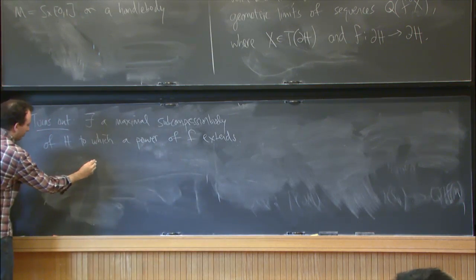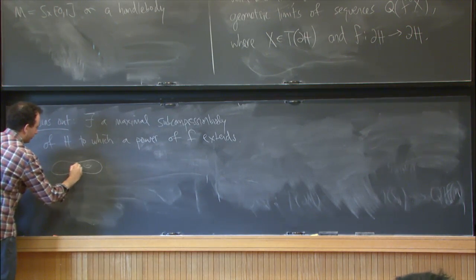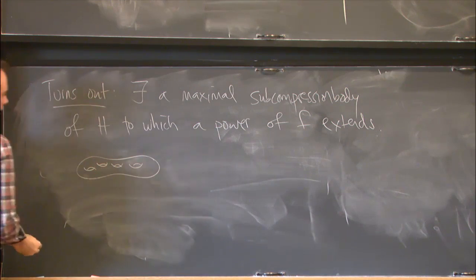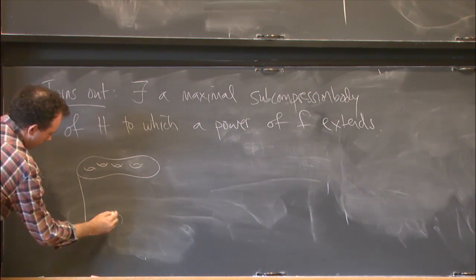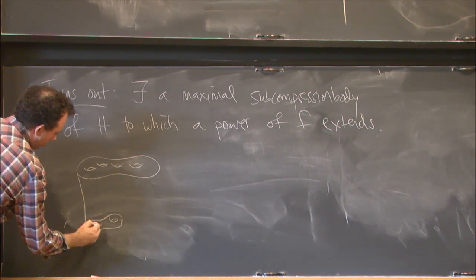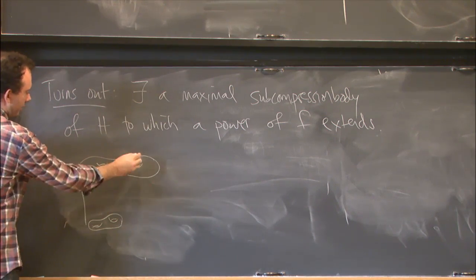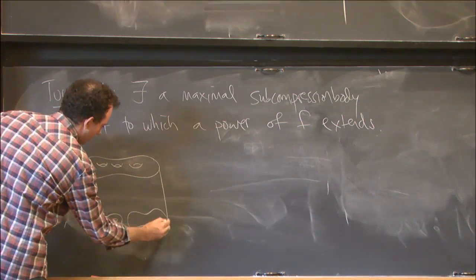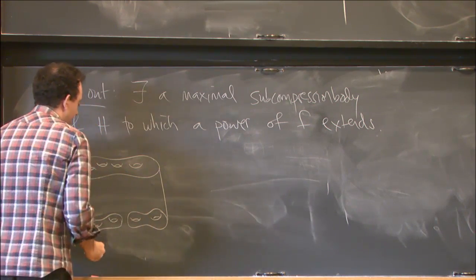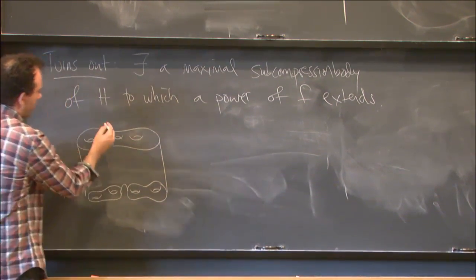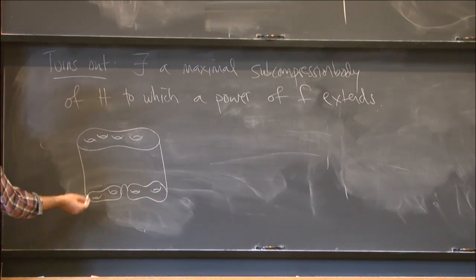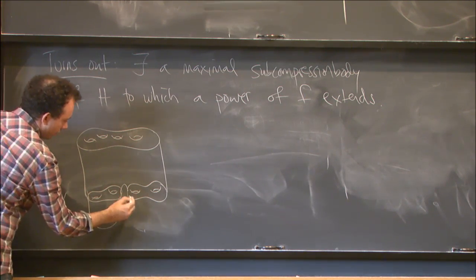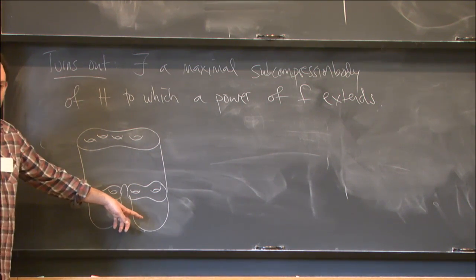So the picture is somehow now that here's the boundary of your handle body, and then this subcompression body looks maybe like something with these two genus 2 boundary components, and then there's the rest of the handle body underneath.